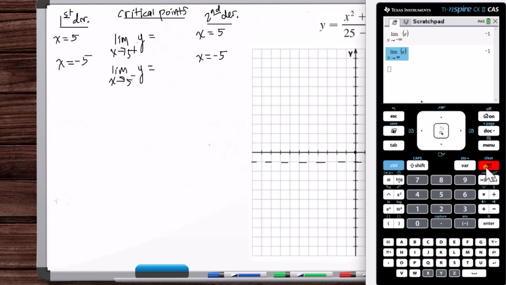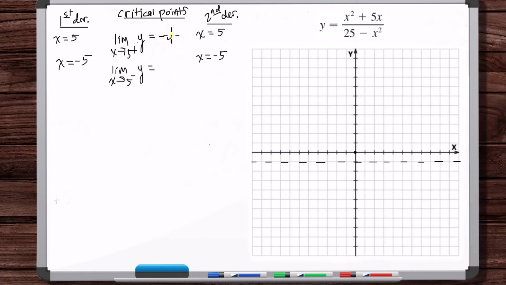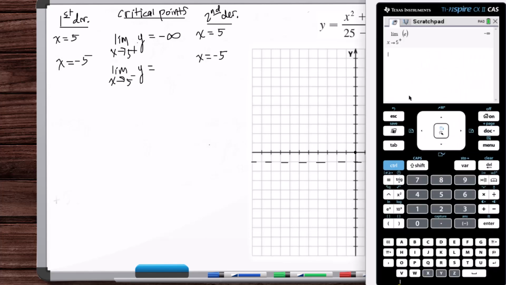So we should be able to use as x approaches 5, this should work here. Okay, yeah, there we go, minus infinity. And then infinity.